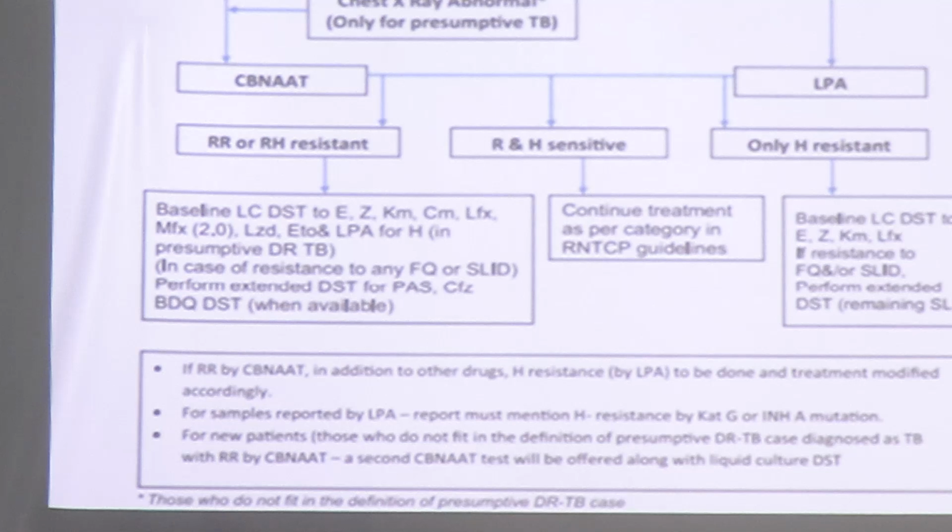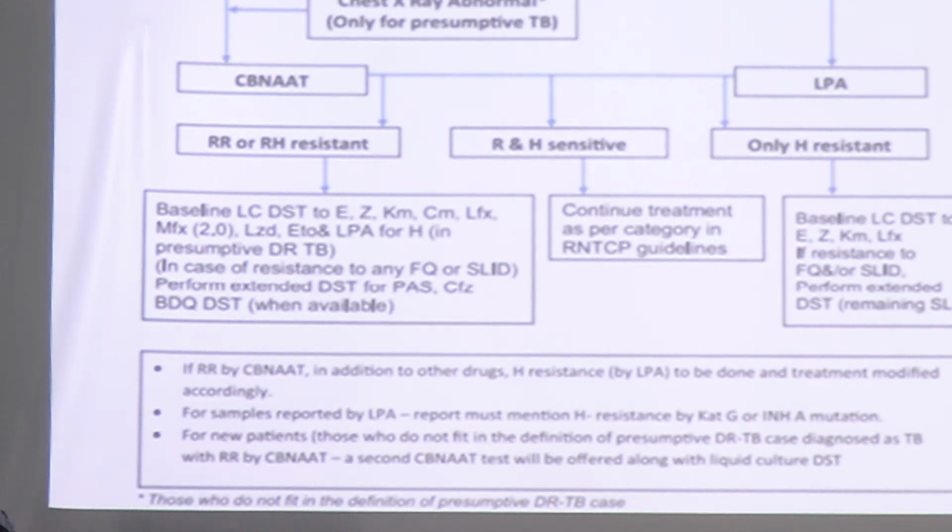All the family members of these patients are at risk of getting infected with drug resistant tuberculosis. Agreed or not? Do you agree? So for them, scrutiny of those patients should be even higher. How can we do that?